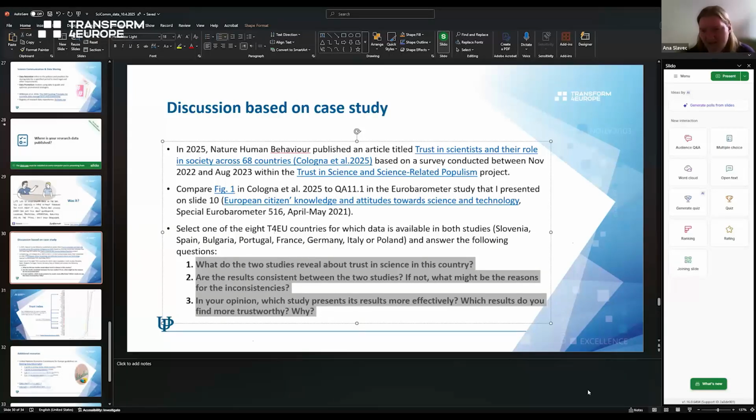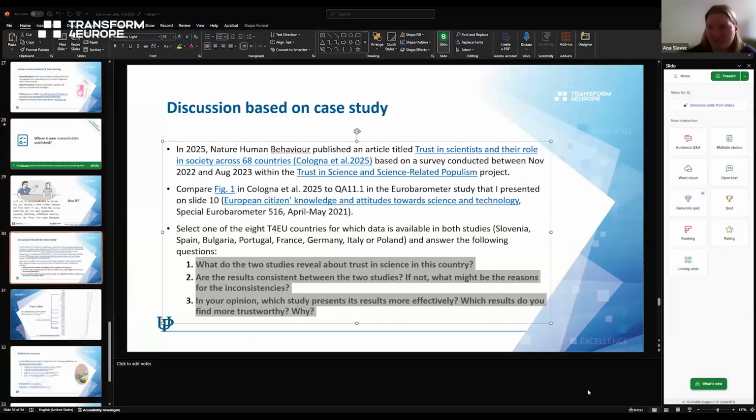And then I will be asking 1 volunteer for each country to report something. For each country, I will ask someone if they want to report. Yeah, so these are the questions.